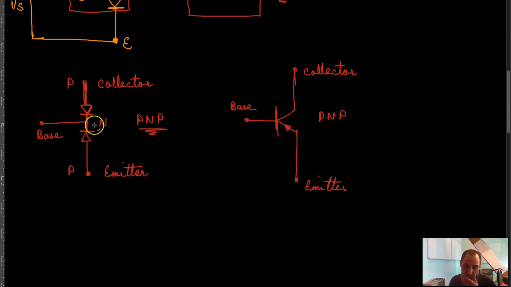Now, based on the direction of these diodes, and based on the fact that you know how to forward bias a diode, you know how to put this in a circuit.